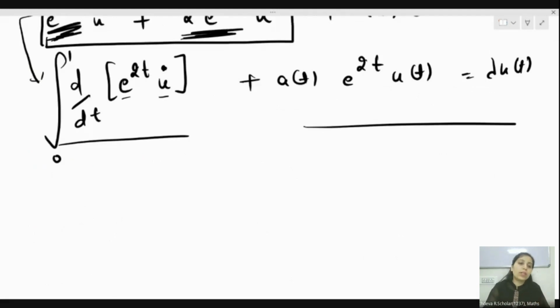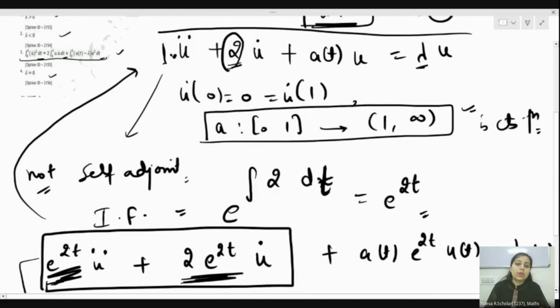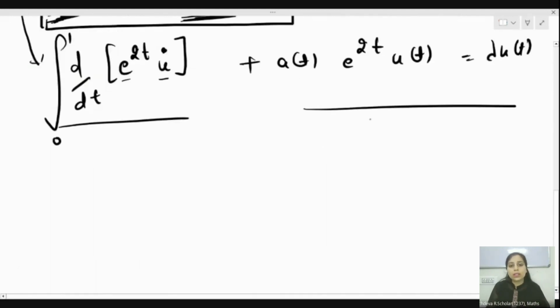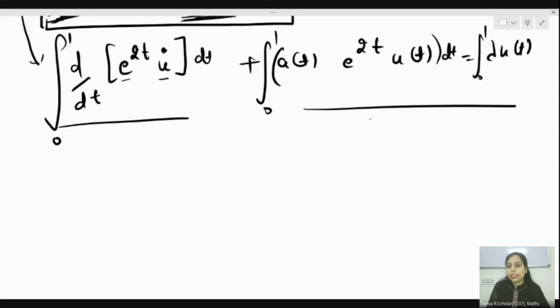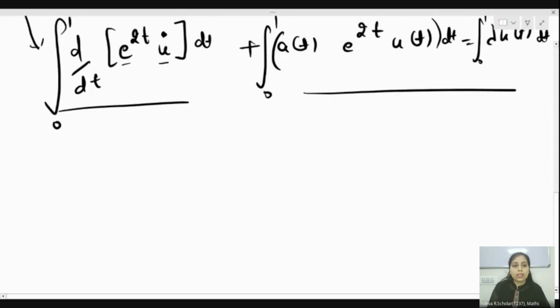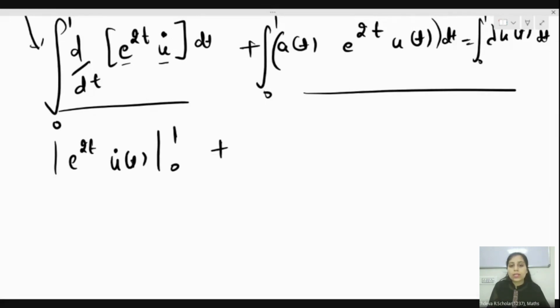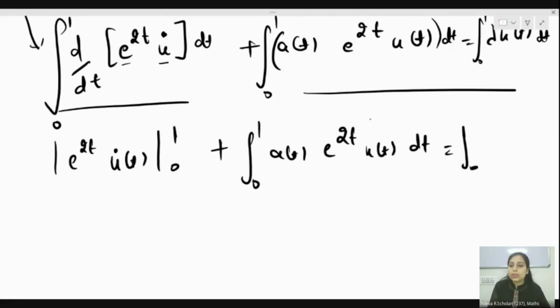So integrating from 0 to 1 on both sides, the derivative and integration cancel out, giving e^(2t) u dot(t) from 0 to 1, plus the integral from 0 to 1 of a(t) e^(2t) u(t) dt, is equal to the integral from 0 to 1 of lambda u(t) dt.